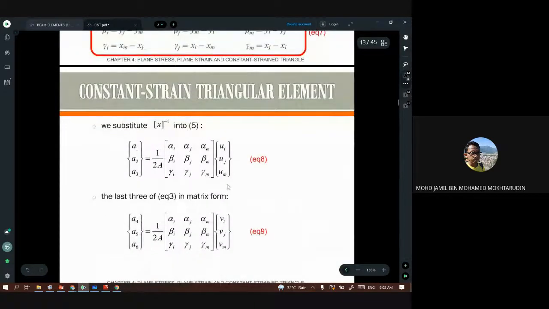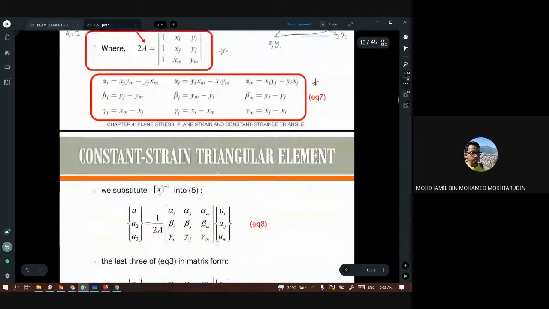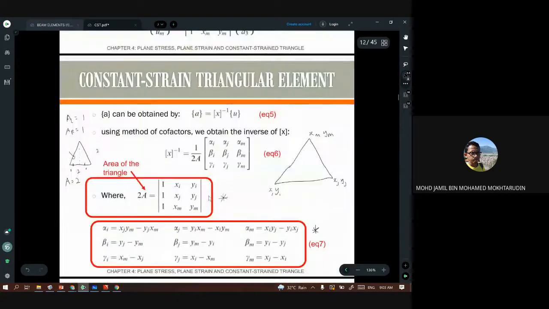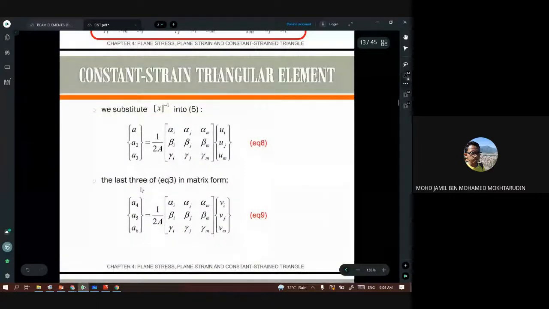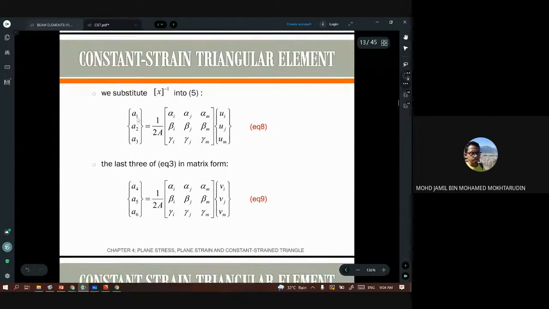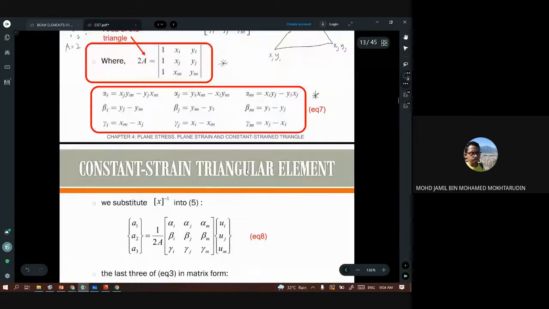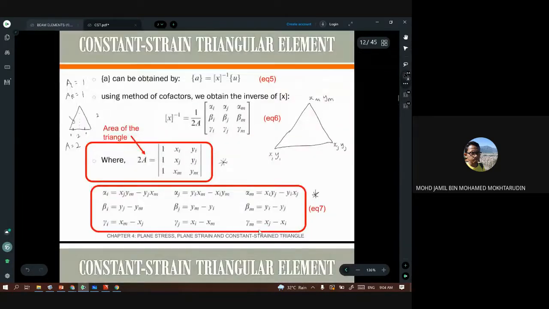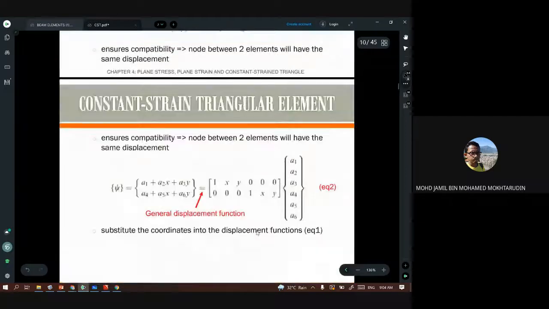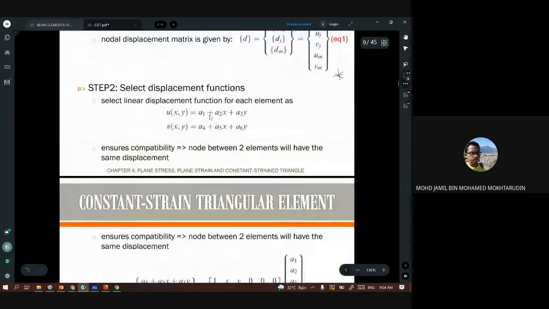So we use the x inverse here and substitute this x into equation number 5. We get the relationship between A and the displacement. So A1, A2, A3, A4, A5, and A6 are used in the displacement function.